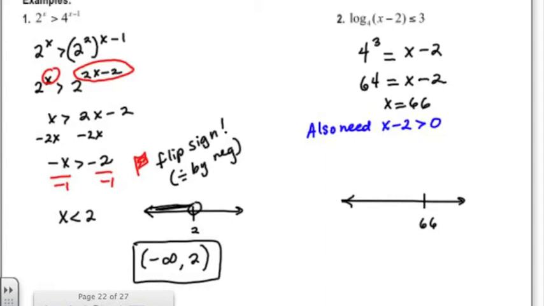Just do plain log base 10 of 0. What happens? Yeah, it says error, domain. All right, try log of negative 1. Yeah, you can't take the log of a negative number or 0. So basically you need it to be bigger than 0. So you always have to consider that part too.